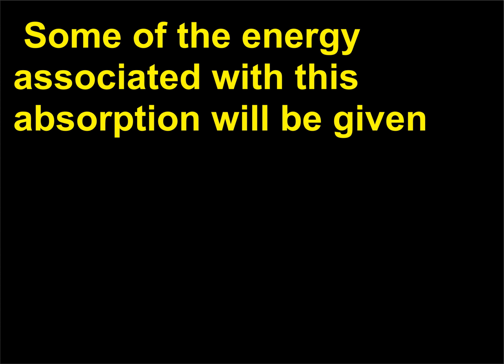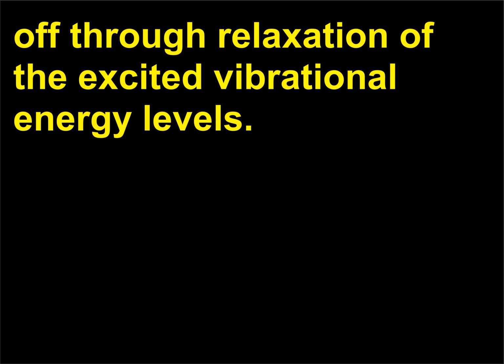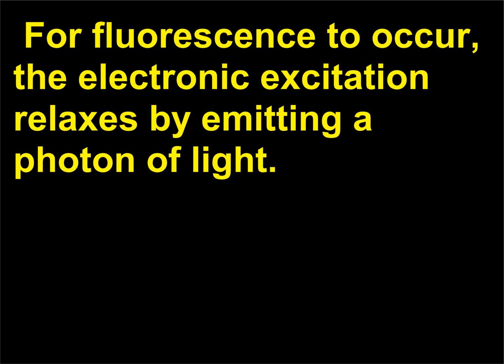Some of the energy associated with this absorption will be given off through relaxation of the excited vibrational energy levels. For fluorescence to occur, the electronic excitation relaxes by emitting a photon of light.